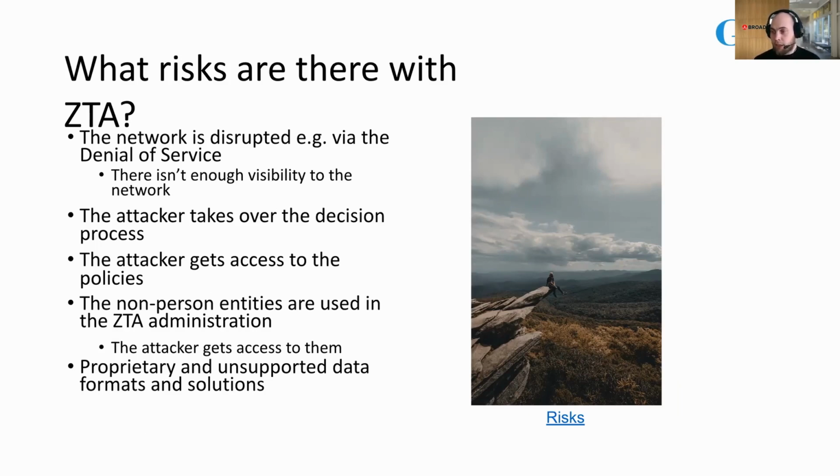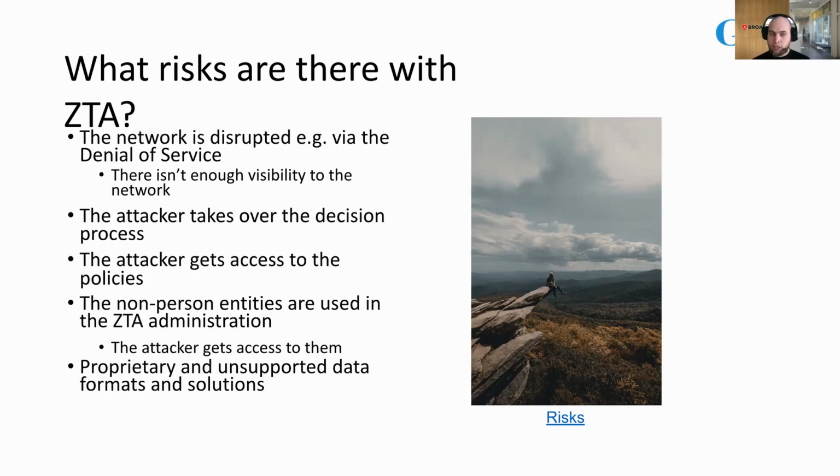As a part of this, it means that you could have limited visibility into the network. And so, for example, you may be thinking that you are consulting the policy enforcement point, but the real one is down, and you are actually consulting some different policy enforcement point that was provided by the attacker.